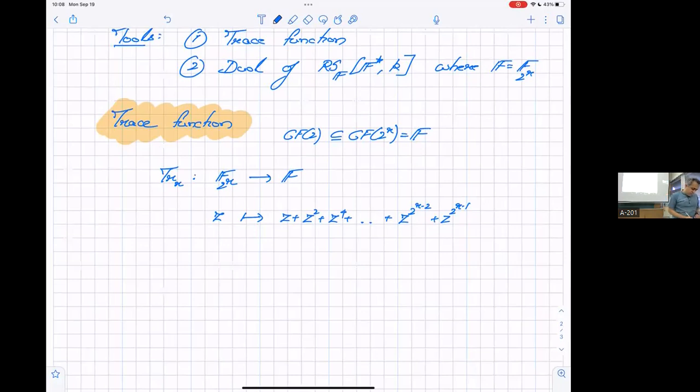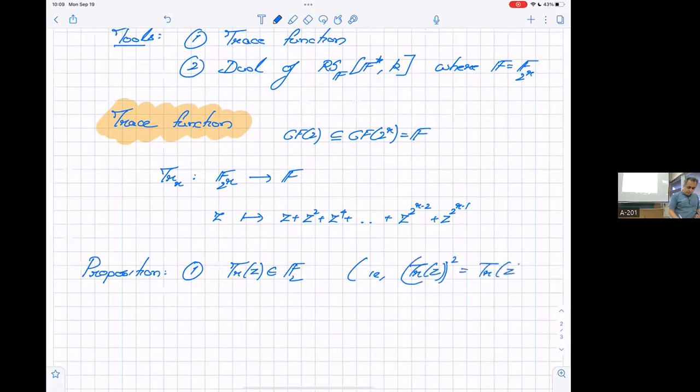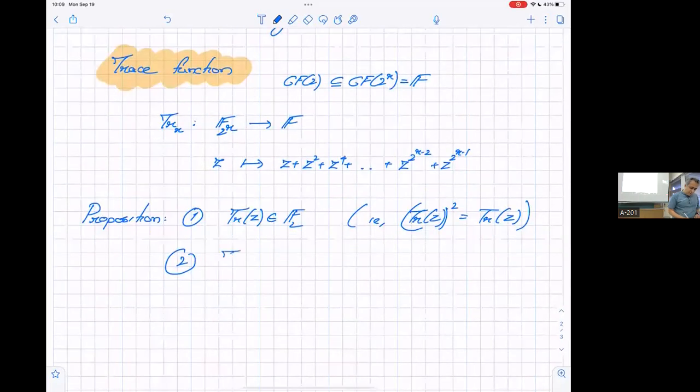So there are several observations we use. One is that trace Z is always in GF2, and that follows just from stating that trace of Z whole square is trace of Z. The second thing I'm going to show is that trace is linear.